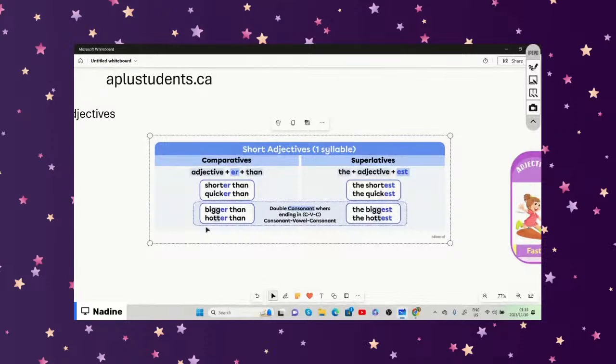And if we look at the examples, here we have the comparative on the left and the superlative on the right. Comparatives, meaning comparative adjectives, need the adjective plus er.